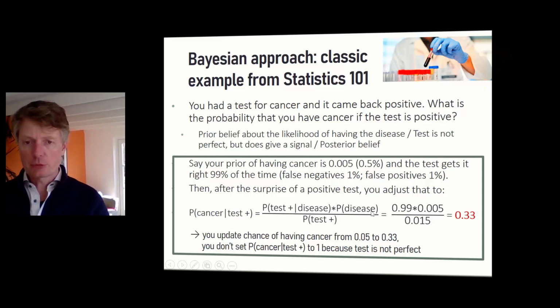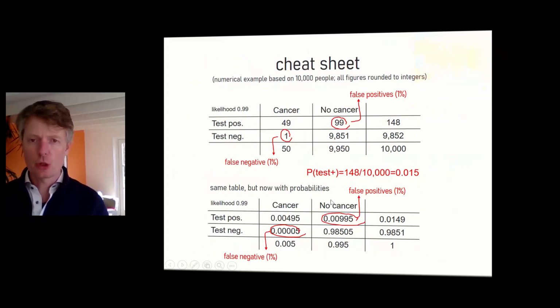Your prior, that's what we start with here, is 0.005. Now, the likelihood of this test, or the accuracy of this test, is 0.99. So, okay, we know that. Now, what's the chance of a positive test result? And to show you that, here's a cheat sheet to figure that out.